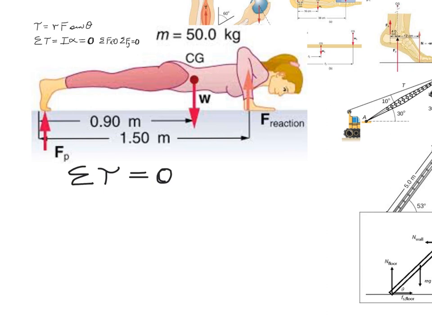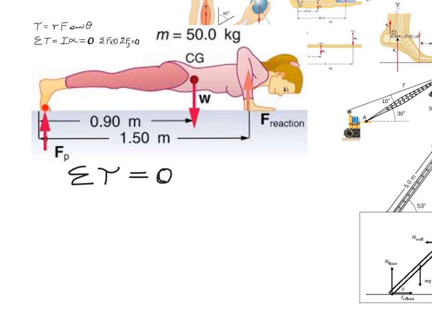But when we apply that to this problem, we don't necessarily know what the axis is. Is the axis her center of mass? Is the axis the feet? The first question in the assignment is, what is the reaction force? We do know her weight because we're given her mass, but we don't know this force, so we're going to set the axis here.